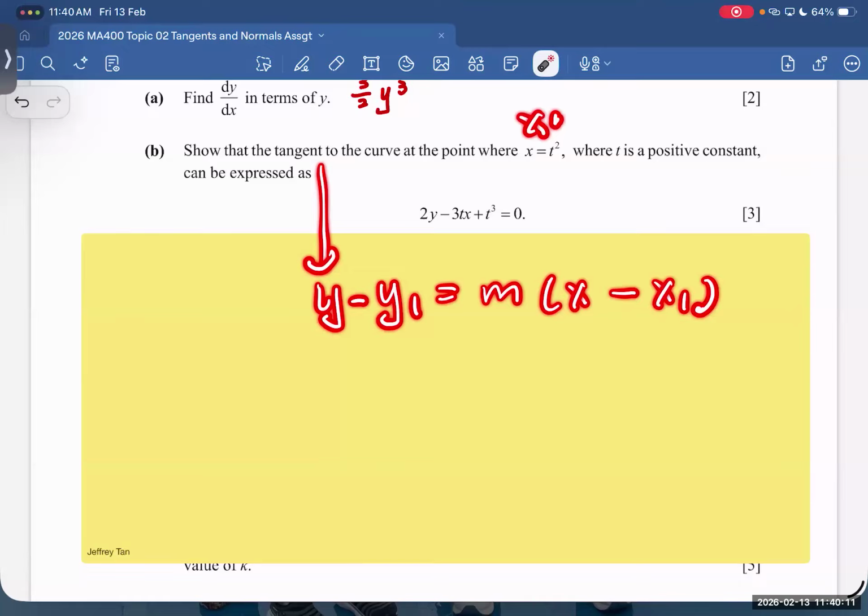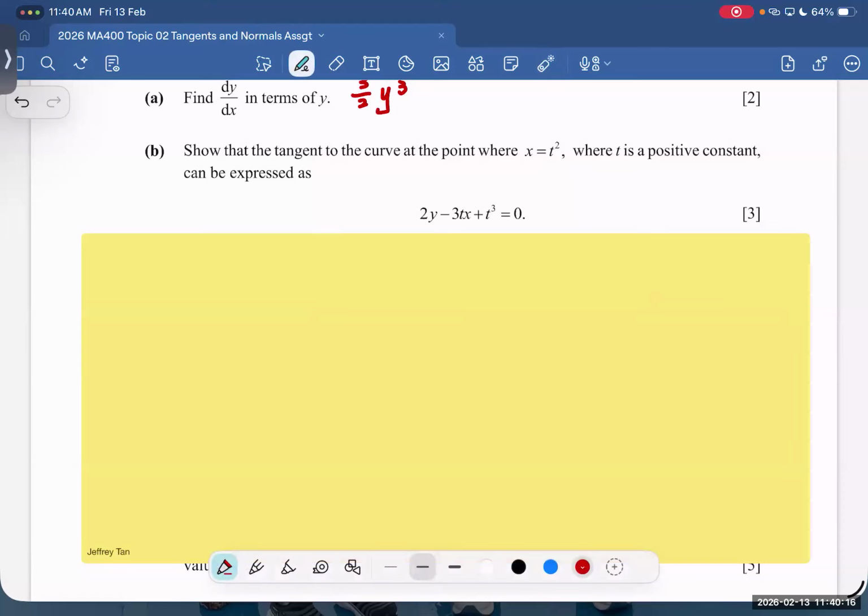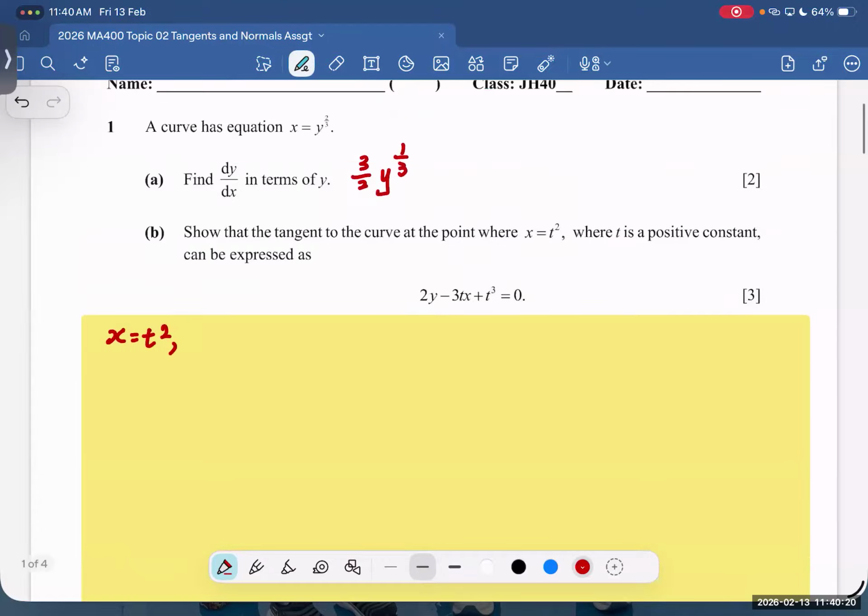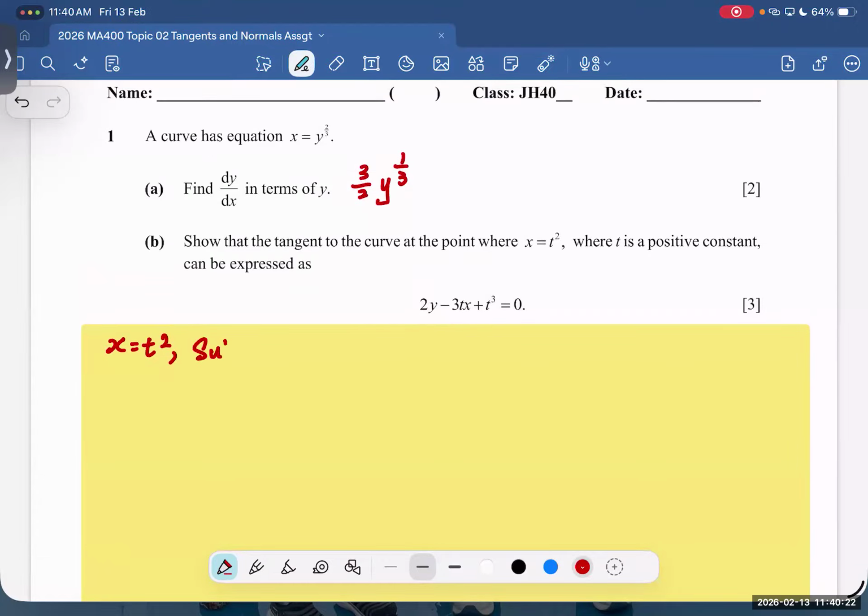When x equals t squared, y equals to, so I substitute into this: t squared equals y to the power of 2/3.